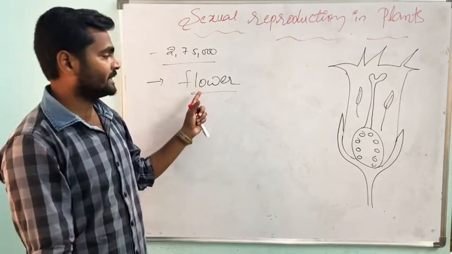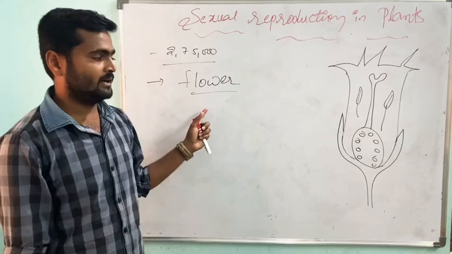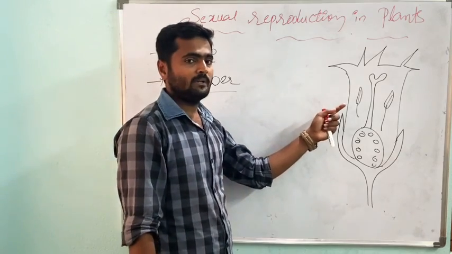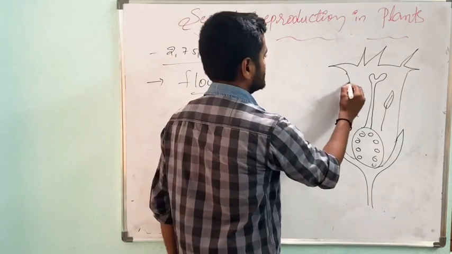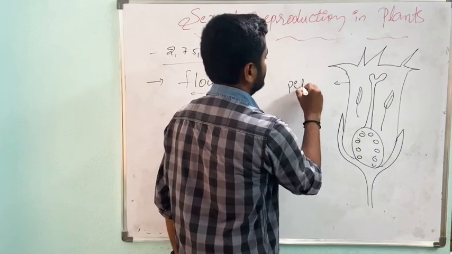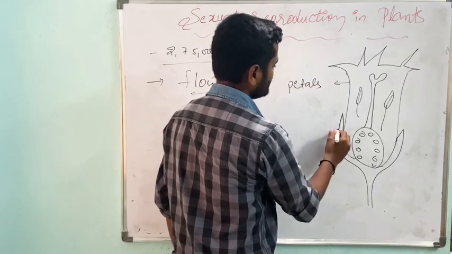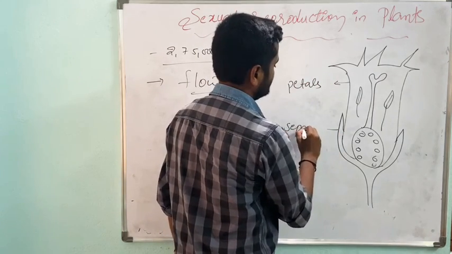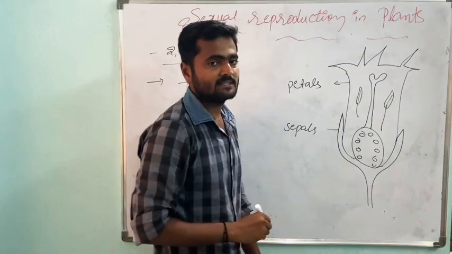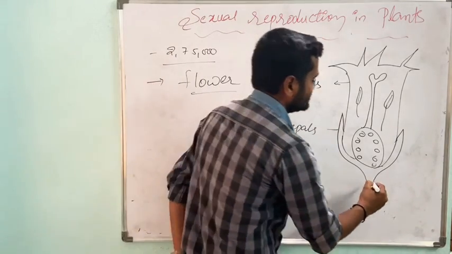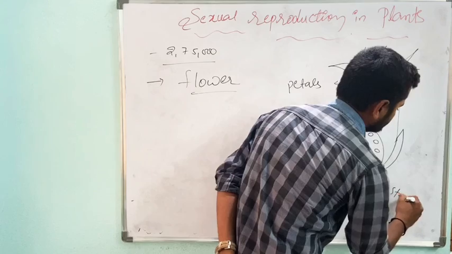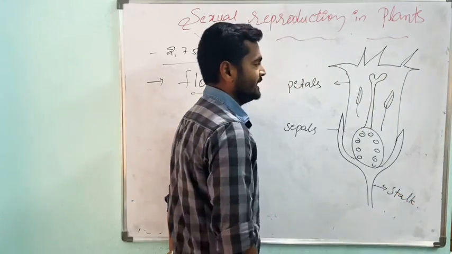The reproductive part of a plant is called the flower. It contains basically four parts. One is petals, and then sepals. Petals are in different colors, sepals are in green color. This is a stalk-like structure which is attached to a branch.